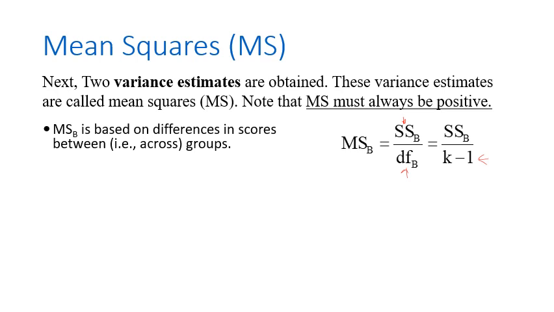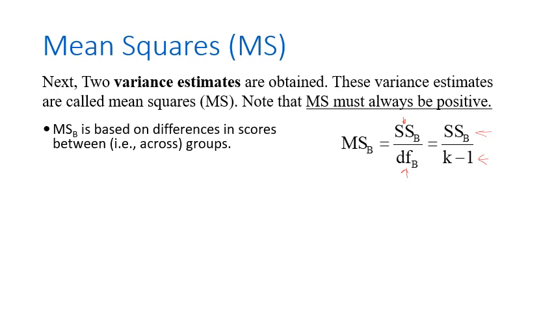So if you've got 3 groups, as in the example I keep giving with the placebo, the Tylenol, and the painkiller, 3 groups, 3 minus 1 is 2. So our degrees of freedom between is just number of groups minus 1, or in this case 2.